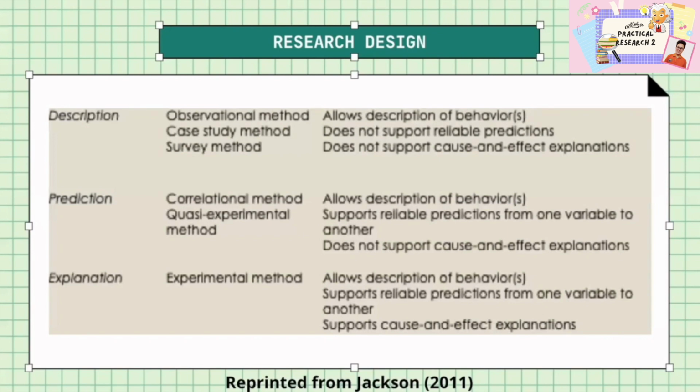For a quasi-experimental method, we have the so-called non-equivalent control group design. This design is similar to the pre-test, post-test control group design, except that there is no random assignment of subjects to the experimental and control groups. We also have here the time series design.